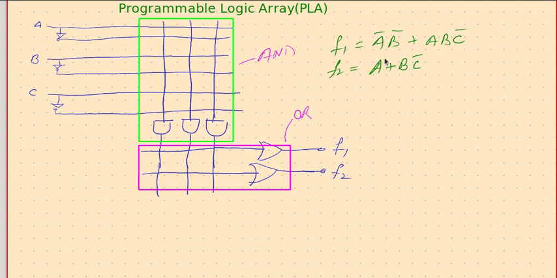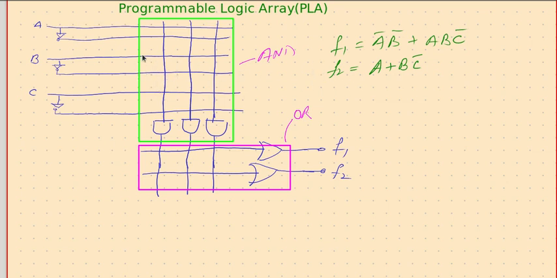Then when you are trying to implement through a decoder, that A bar B bar was not available because there are three inputs. So it has to be A bar B bar C bar or A bar B bar C. Two terms have to be taken up.